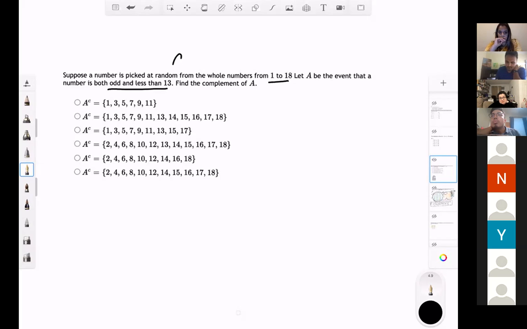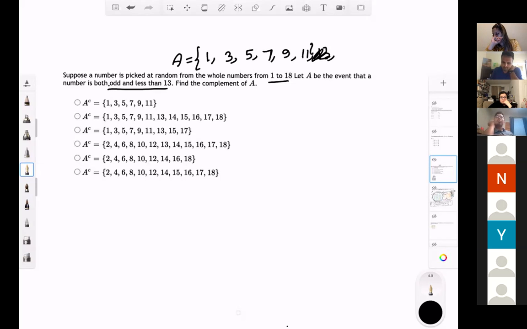So we need to write A. It's both odd and less than 13. So all the odd numbers you write: 1, 3, 5, 7, 9, 11, 13. So I stop at 13, the less than 13.